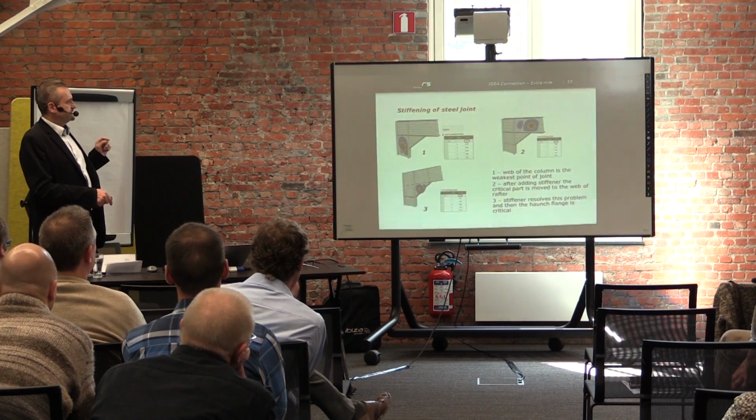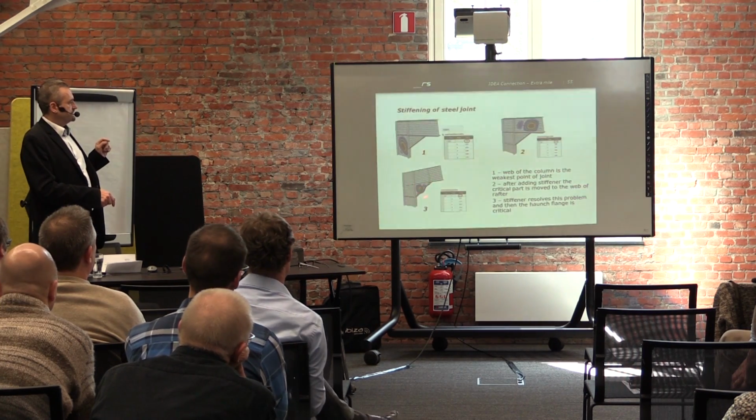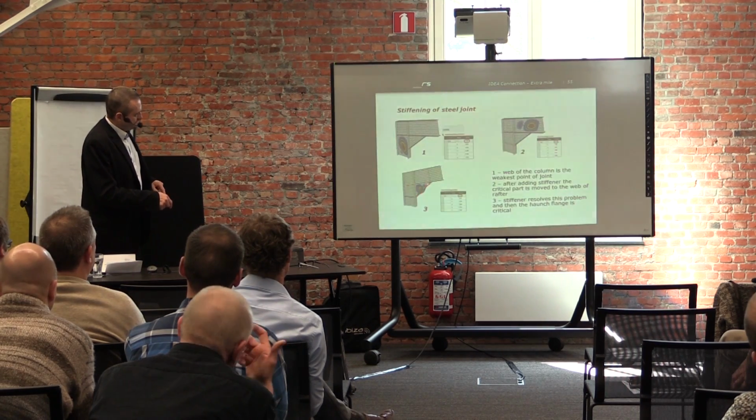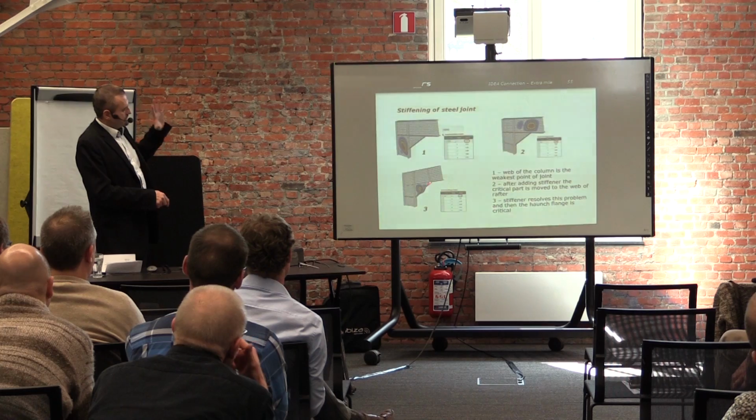We also tell you this factor, which is the factor of critical load for this buckling. If you multiply your design load by this, then there is the effect of buckling. So this value is higher because there is the stiffener. Again we put a stiffener here, and this disappeared, and the weaker part is now in the haunch. You see this collapse of the flange of the haunch.